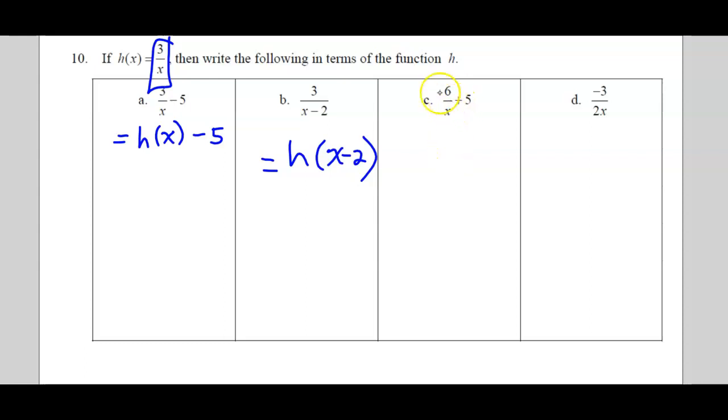Well, how does that compare to 3? You could go 3 over x plus 3 over x, which would be 2h of x. Or just think about it: this is the same as 2 times 3 over x plus 5. So that's going to be 2h of x plus 5.